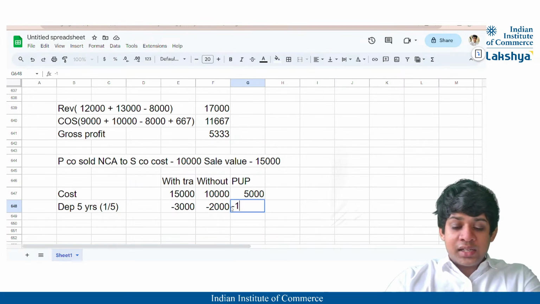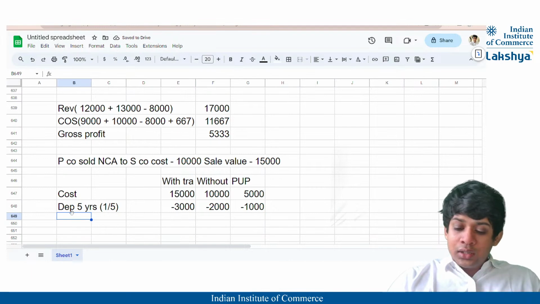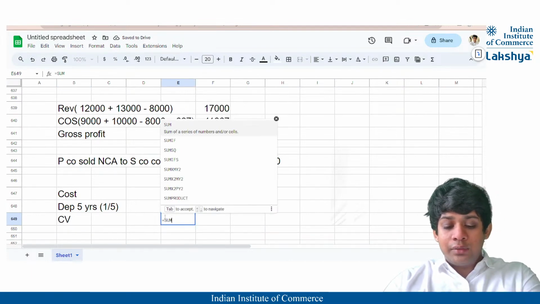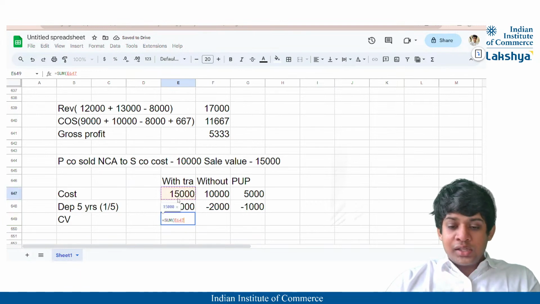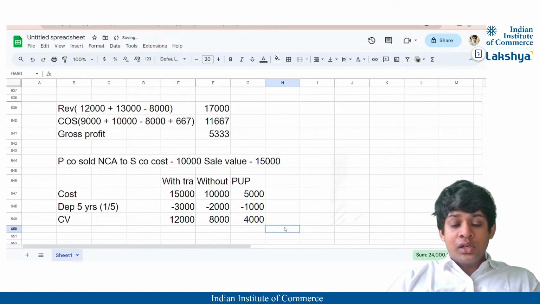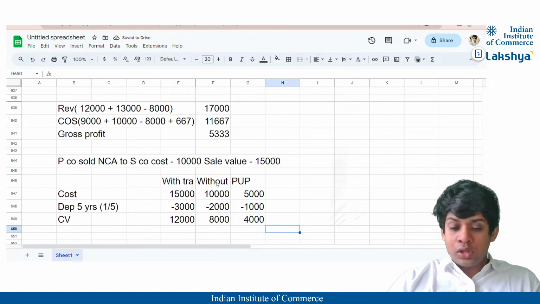So the excess depreciation that has been charged is 1,000. And thus the carrying value is 12,000 with transfer, 8,000 without transfer, and the difference of PUP is 4,000.